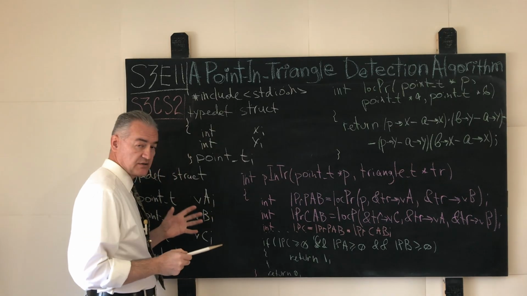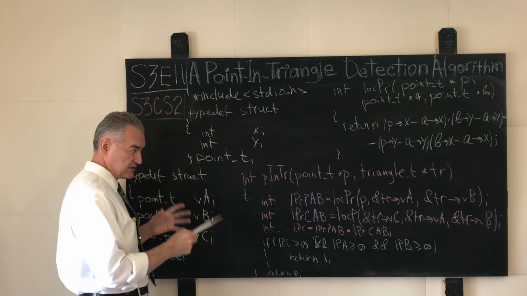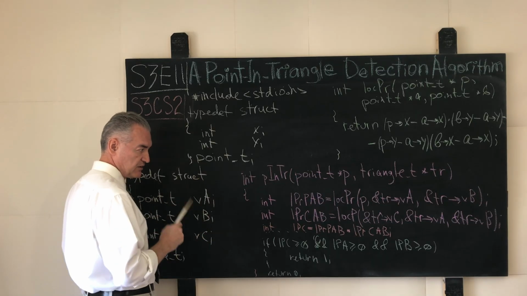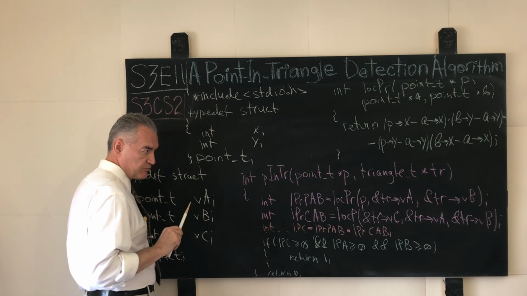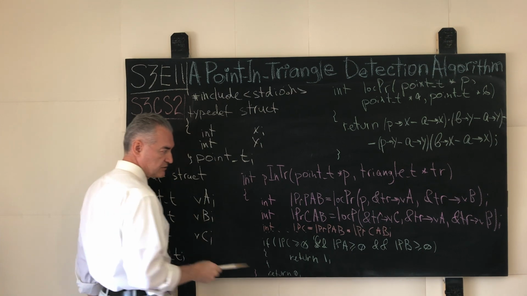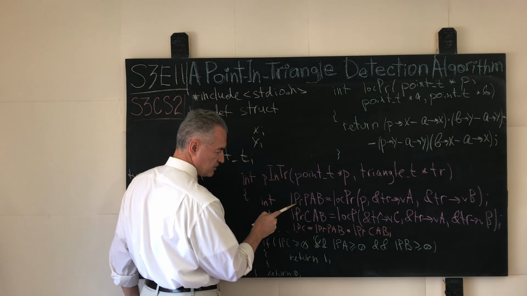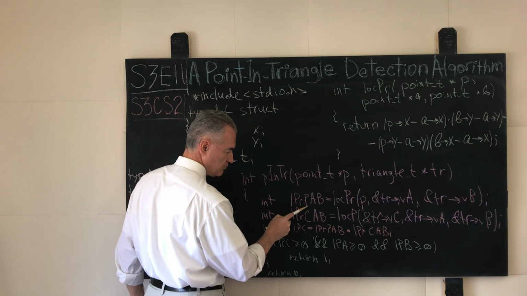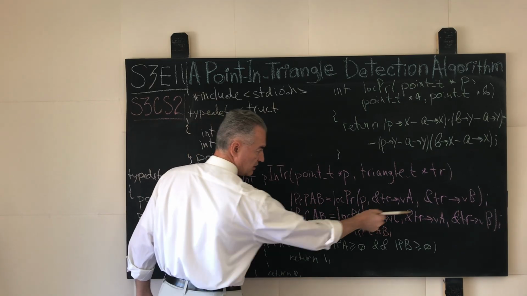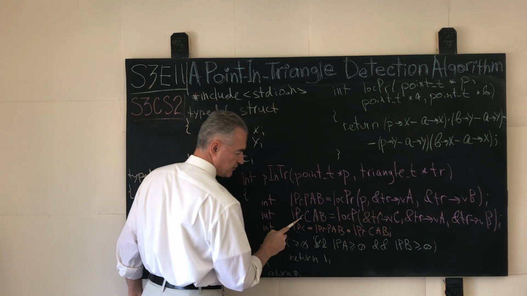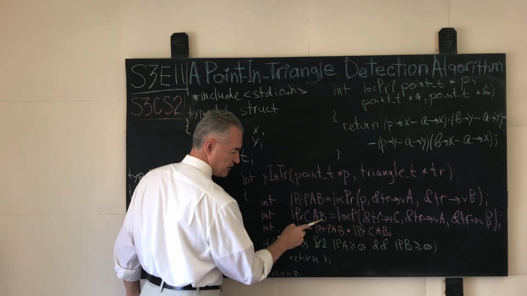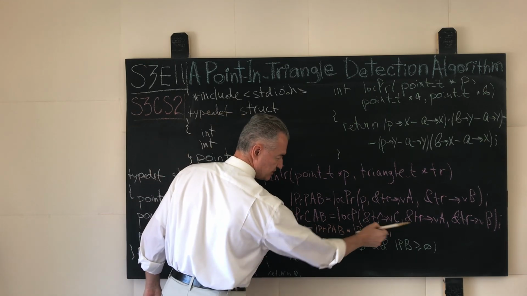You go through basically what we discussed before at the pure computer science algorithm level. You construct the location predicate for the point P with respect to A and B. This is the syntax. You do the same thing for the point C with respect to points A and B. This is the syntax.